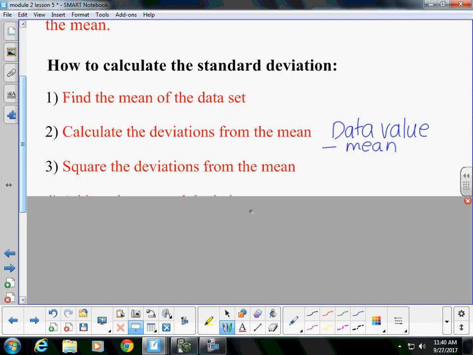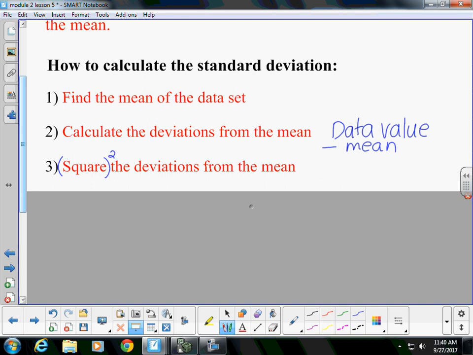Step 3, you're going to square the deviations from the mean. Squaring is when you take the answer that you get, put it in parentheses and put the little number 2 at the top.